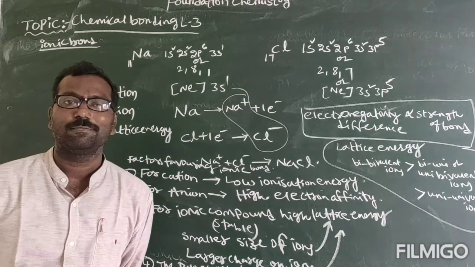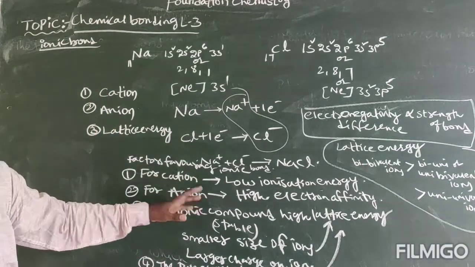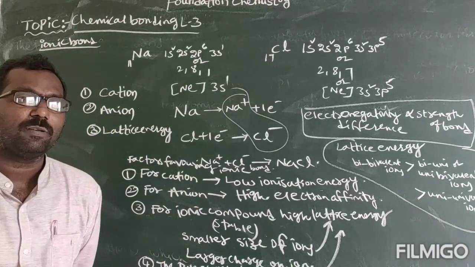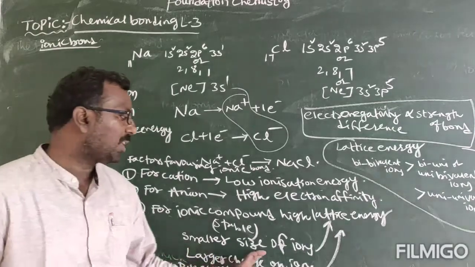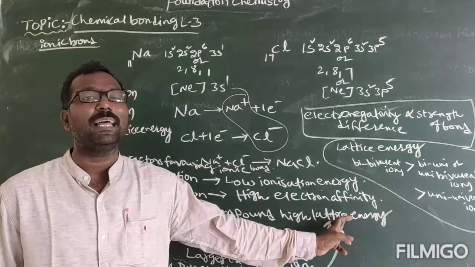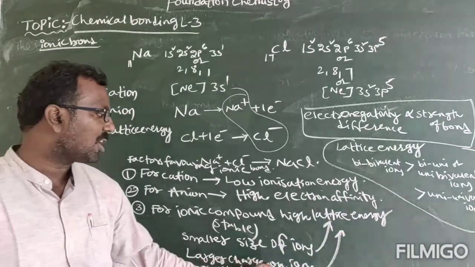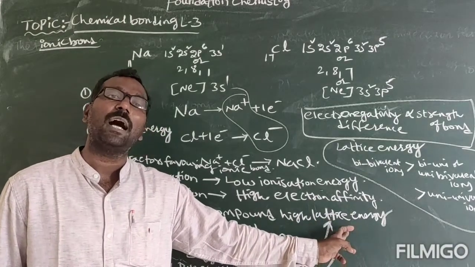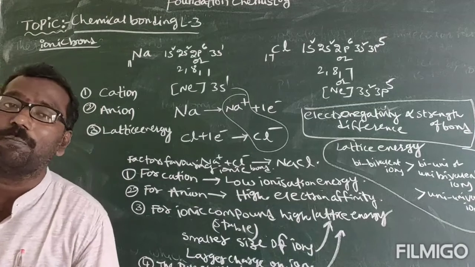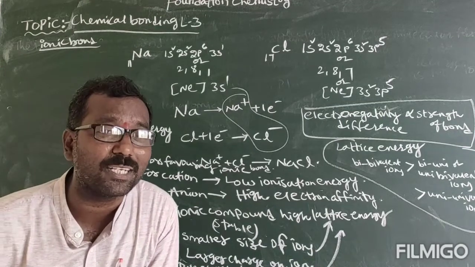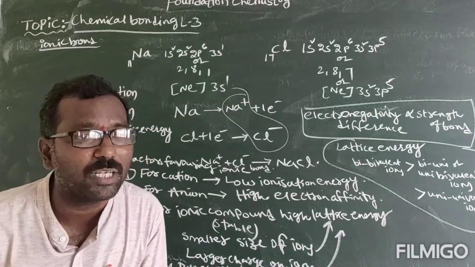Smaller size of ions will have high lattice energy, and larger charge on the ions will also have high lattice energy. Compounds having high lattice energy are always ionic compounds.